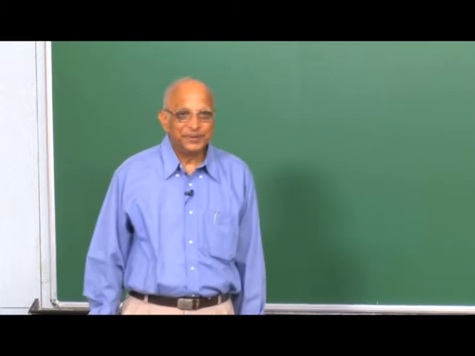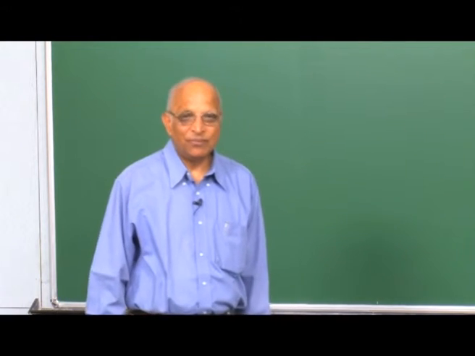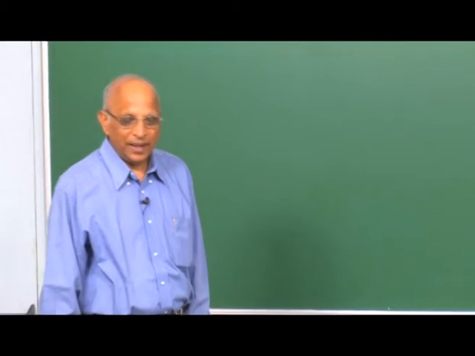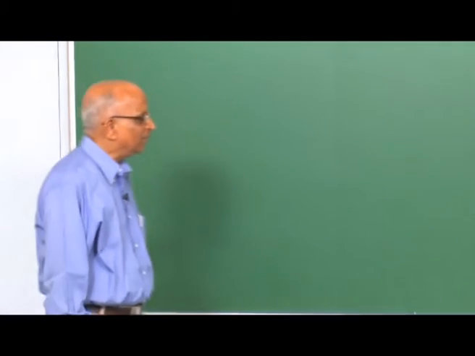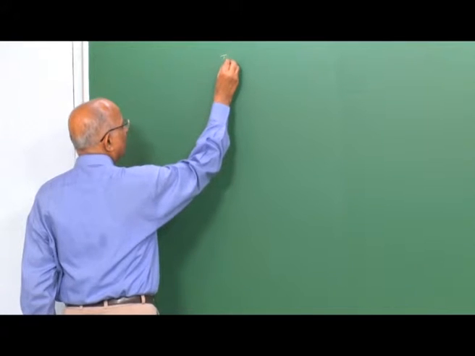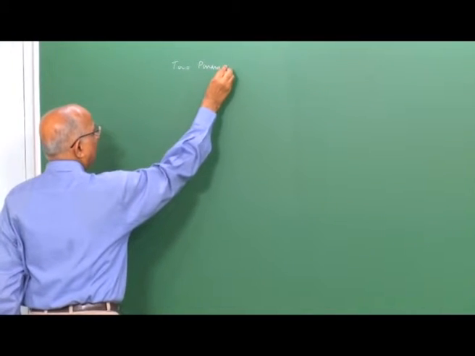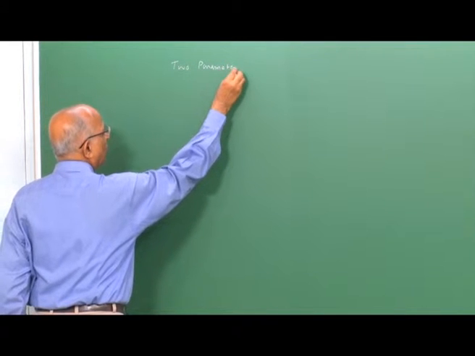Morning. We have done the lumped mass system for modeling an explosion, and as per the theory we developed, we found that there are two parameters which govern whether an explosion is possible or not.